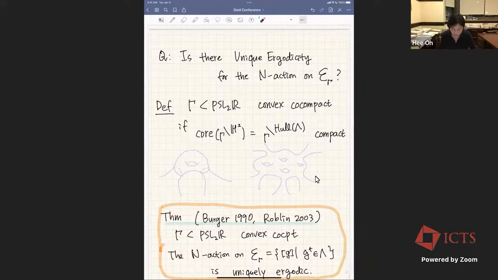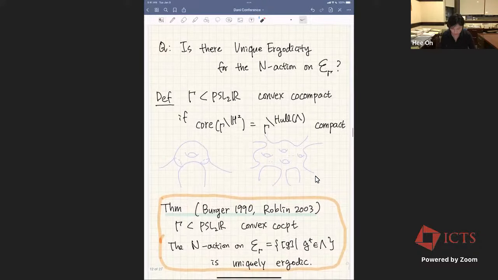But in the surface case, it's much simpler. Gamma being convex co-compact simply means that the corresponding hyperbolic surface has finite genus and finitely many funnels, and doesn't have any cusps. It simply means the hyperbolic surface is of finite type with no cusps. In such a case, gamma is called convex co-compact.